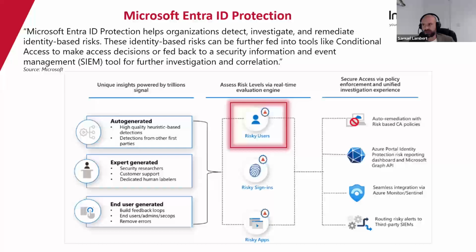The type of capabilities within risky users would be things like password spray attacks. We mentioned brute force previously with Defender for Identity. Well, you really want to take a holistic approach to that capability, so you want to be able to detect that type of malicious activity from a cloud identity perspective. A typical attack in this scenario might be a password spray attack.